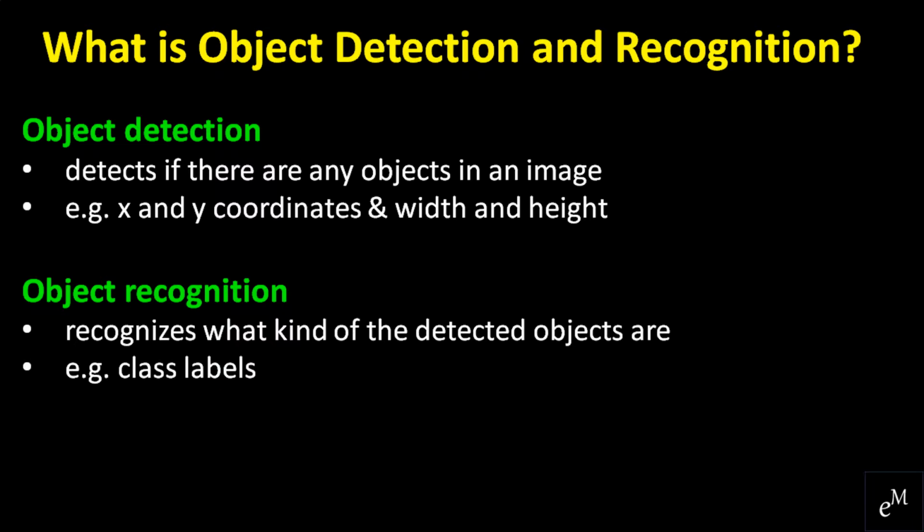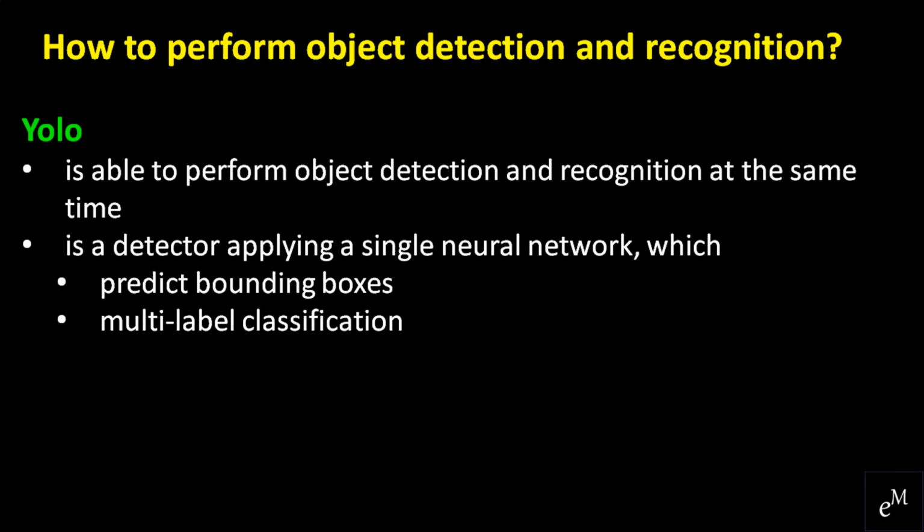Therefore, in computer vision, we also have another subject called object recognition. And these processes tell us what kind of objects were detected, and very often the recognition output will be a class label. For detection and recognition, YOLO version 3 is used in our exercise.